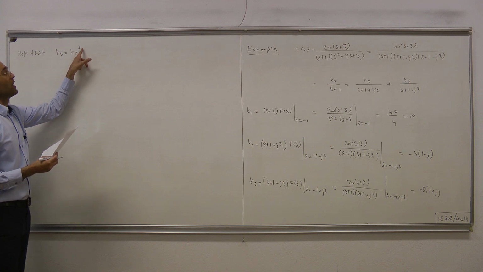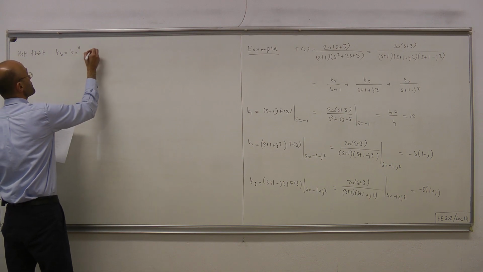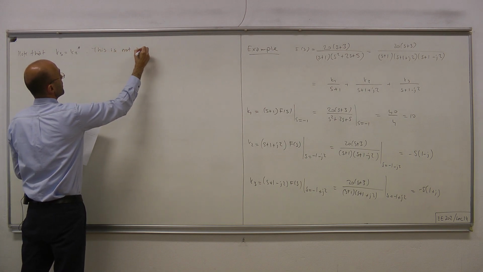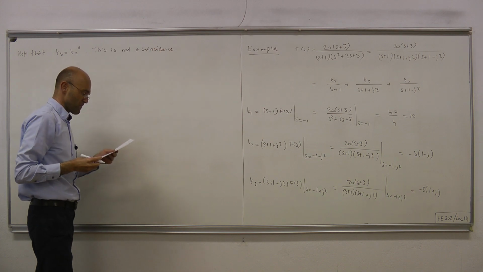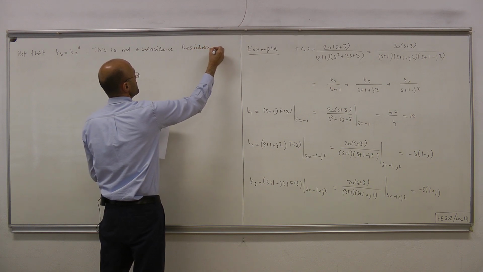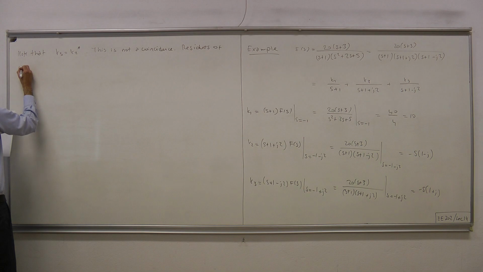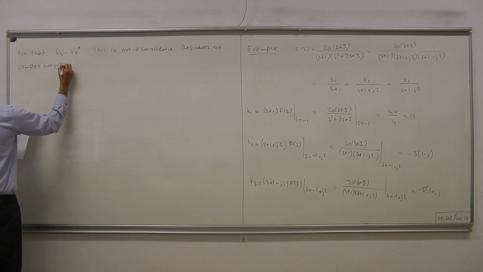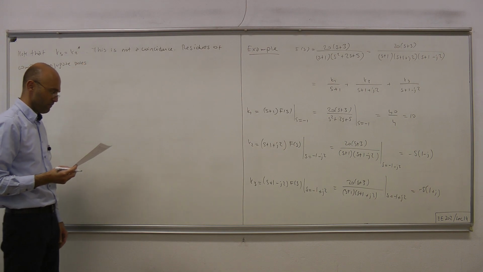This notation means complex conjugate of k2. This is not a coincidence, because residues of complex conjugate poles are complex conjugates of one another.